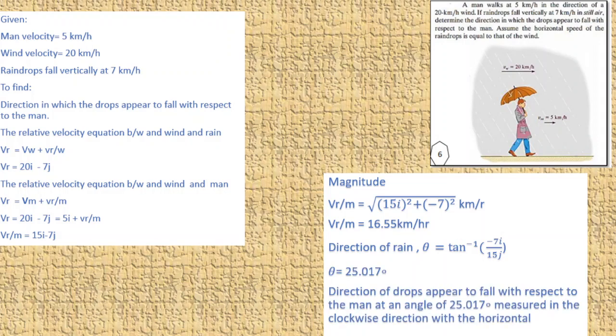Theta is equal to 25.01 degrees. So the direction in which the drop appears to fall with respect to the man is at an angle of 25.01 degrees measured in the clockwise direction with respect to the horizontal. We can simply solve this problem like this.